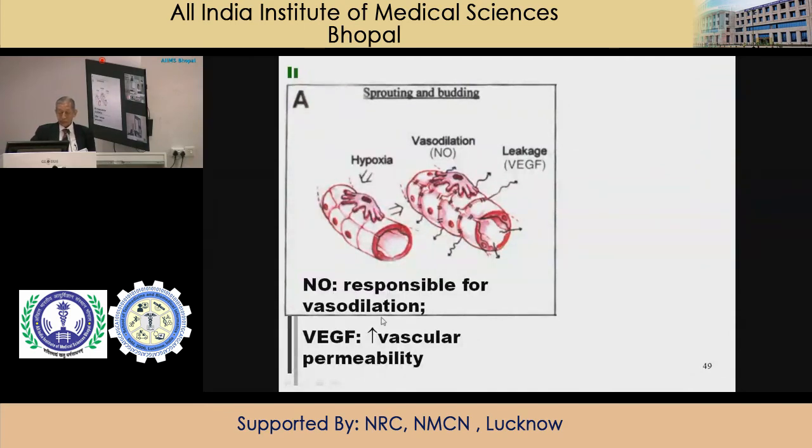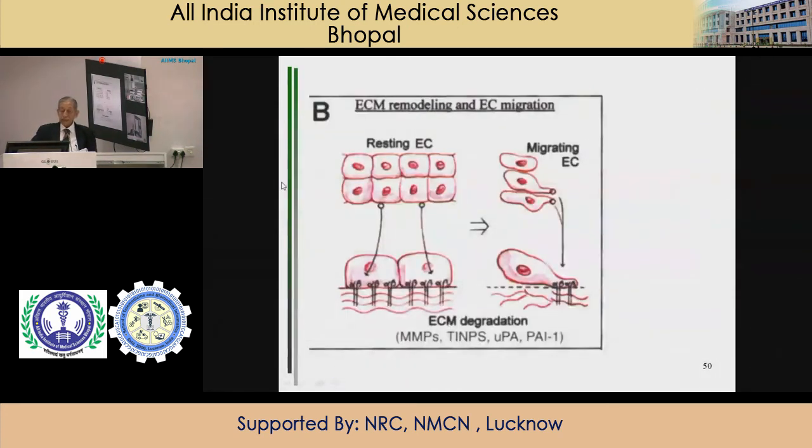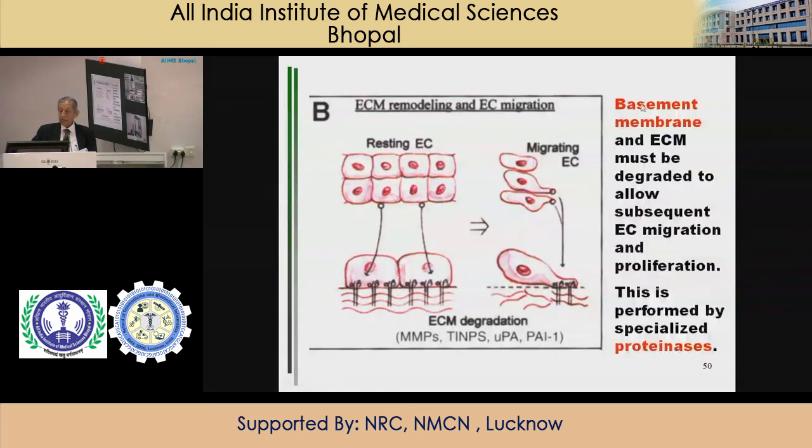The nitric oxide is responsible for vasodilation, and VEGF will increase the vascular permeability, and that endothelial budding is facilitated by this. And the extracellular matrix remodeling is the basement membrane, and extracellular matrix must be degraded to allow the subsequent endothelial cell migration and proliferation.